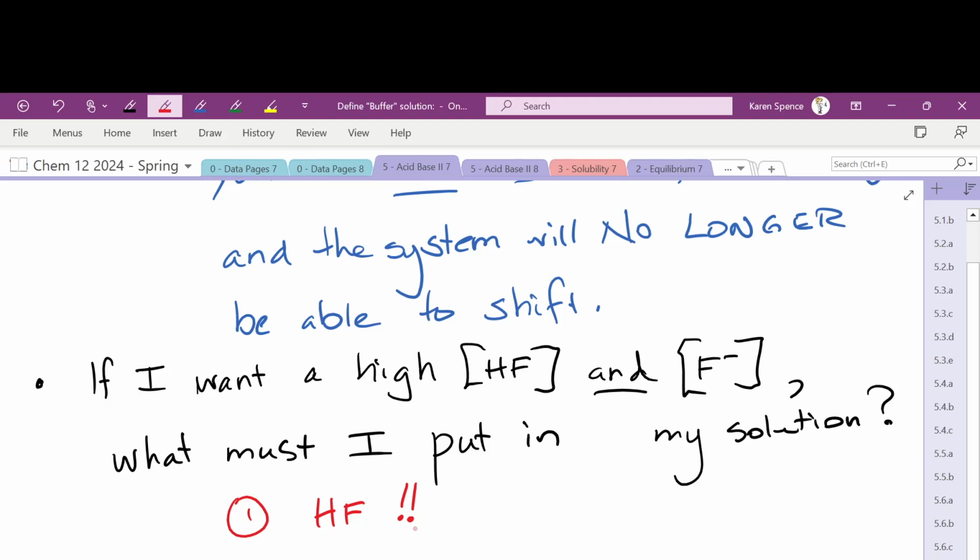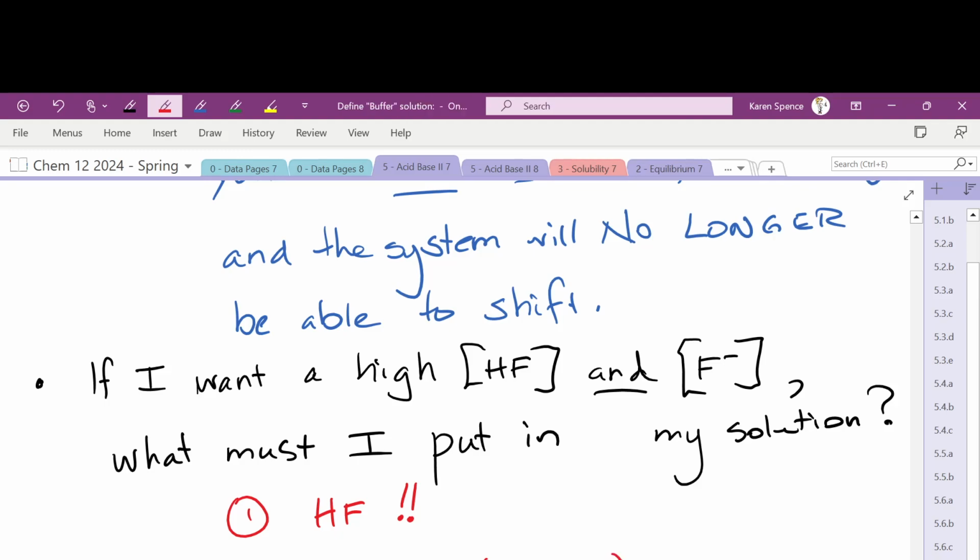What else do we need to put in? F minus with something, because we can't just get F minus on its own. Who should we put it with? Na. Why not? Or KF.